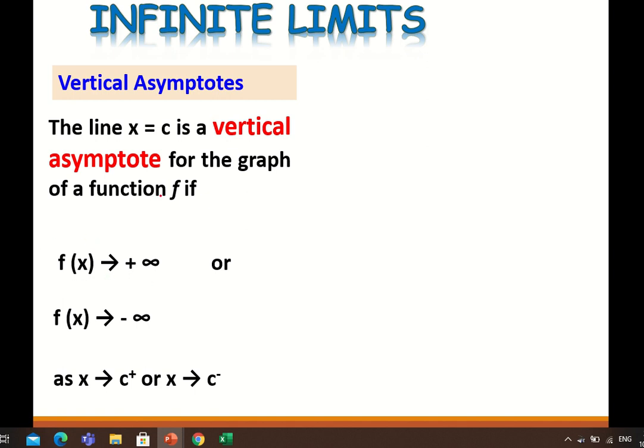So these are the conditions. The line x equal to c is a vertical asymptote for the graph of a function if f of x approaches positive infinity or f of x approaches negative infinity as x approaches c. Plus here means from the right, and minus here means from the left.